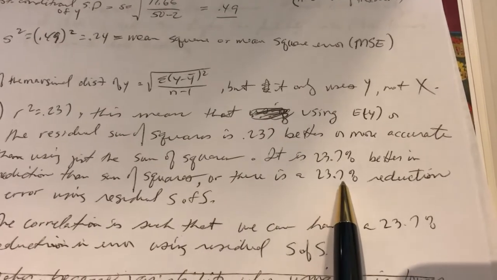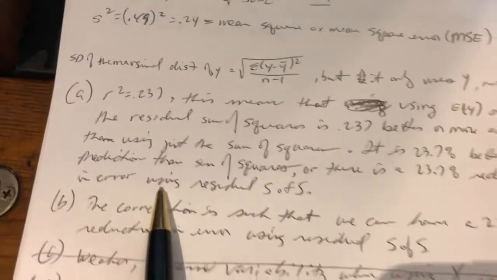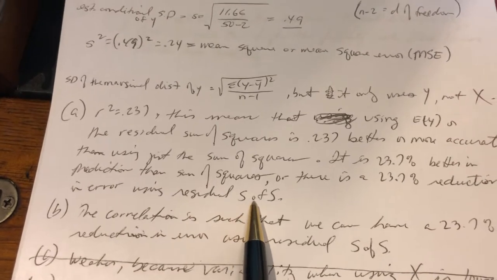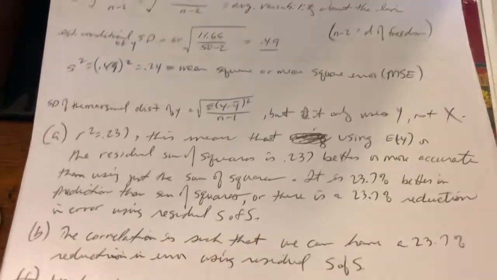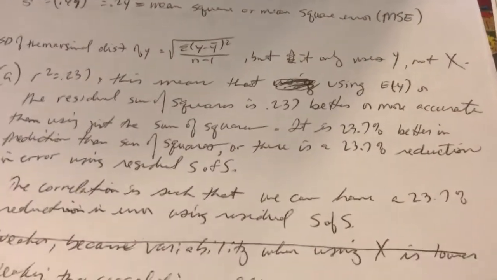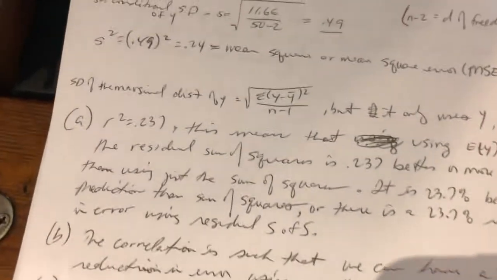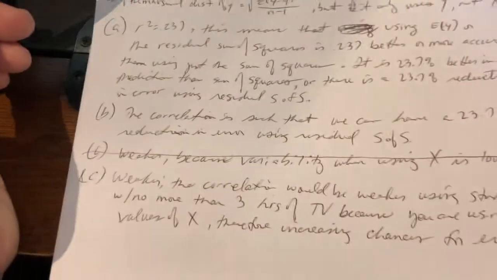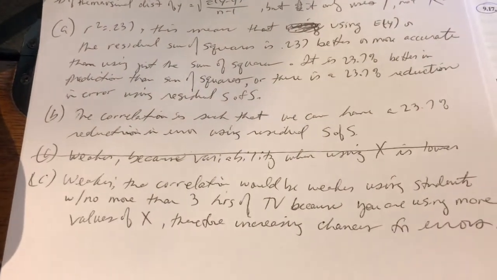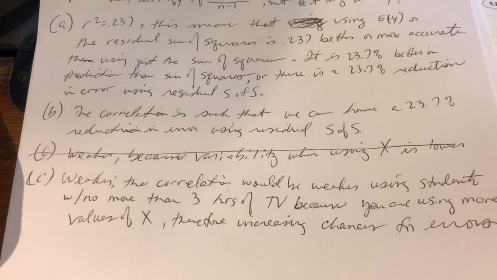Or there was a 23.7% reduction in error when using the residual sum of squares. Hard to explain, but that's for A. There's B and C. This one's very difficult to explain, so I apologize.